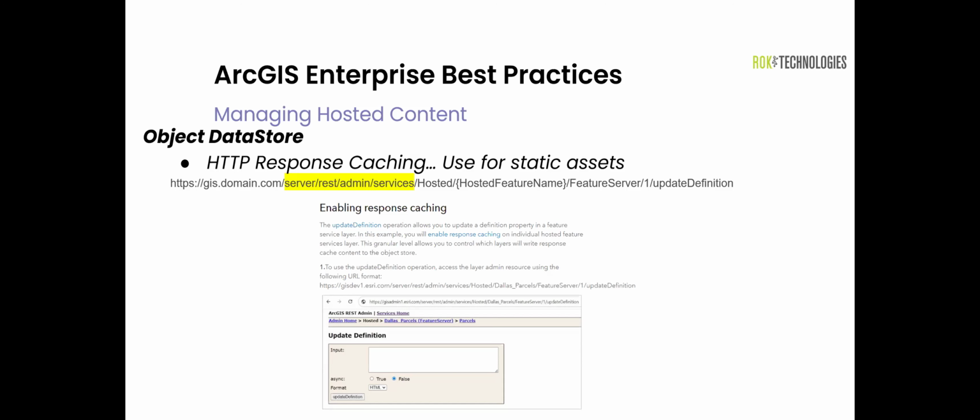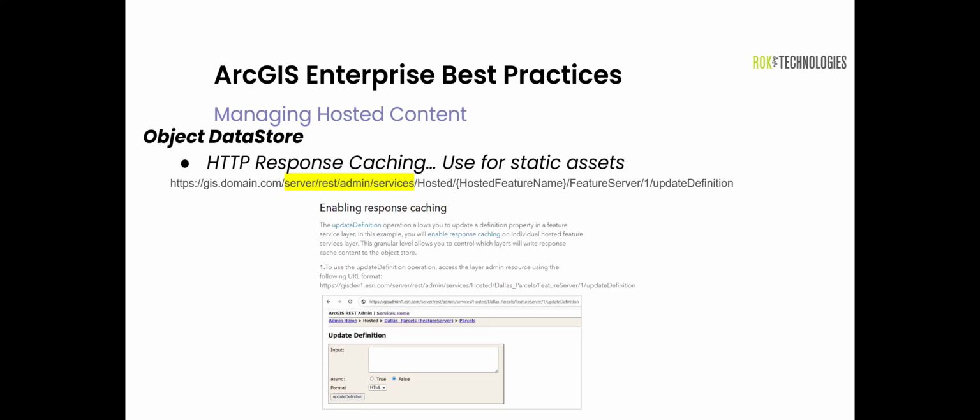And so Esri came out with this, and what you can do is go into the super secret admin endpoint within the REST directory. I highlighted it so you see on the hosting server, and you find your hosted feature. You give it the layer number, and it's an update definition. And you would go in here and provide some JSON input to enable HTTP response caching.